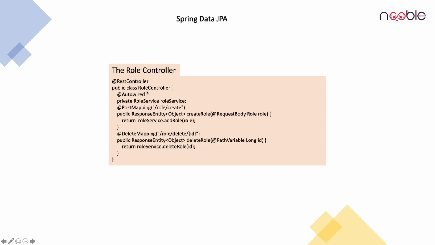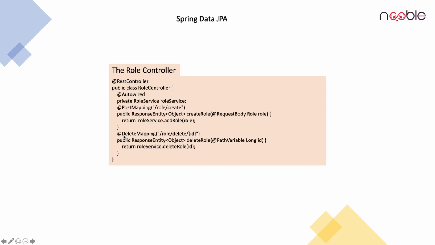Now the role controller, surely we'll be having a demo with IntelliJ. @RestController, public class RoleController, which we have created as a new controller. I'm using the @Autowired for RoleService. I'm autowiring it. We are having a @PostMapping where /role/create. I am calling the addRole method from the role service, and here @DeleteMapping.